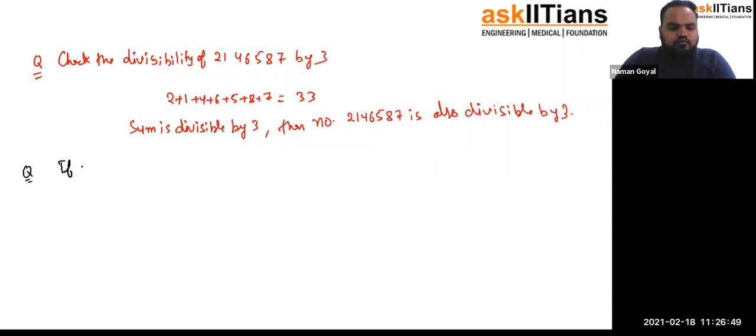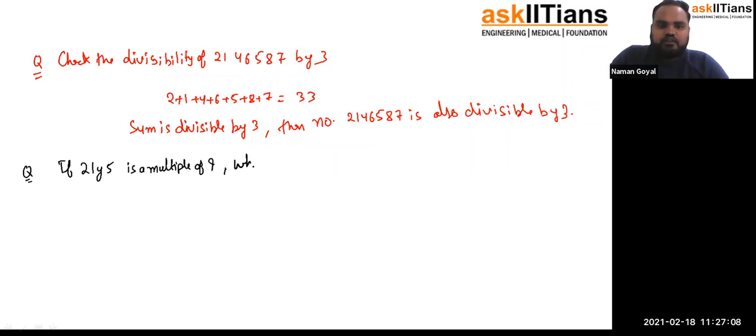Write down. If 21y5 is a multiple of 9, where y is a digit, then what is the value of y?